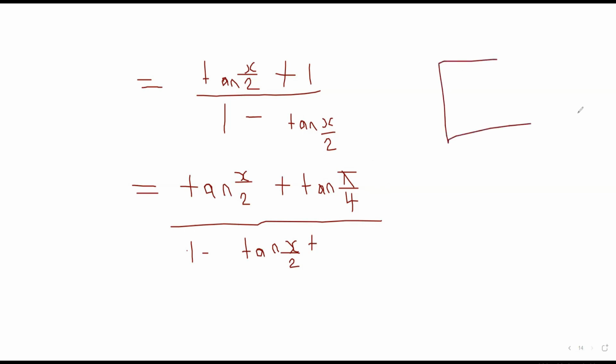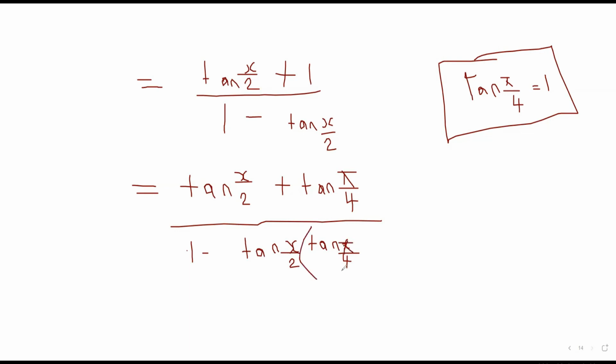So let me write a note of it. Recall, tan pi by 4 is 1. So guys, you have to know this identity, that the tan of 45 degrees is 1. I always tell you guys, know them. Because if they put a trick proof with this, it will rough you up if you don't know it. You have to know tan 45 is 1. Now you might say, sir, why did you put tan x over 2 times tan pi by 4?